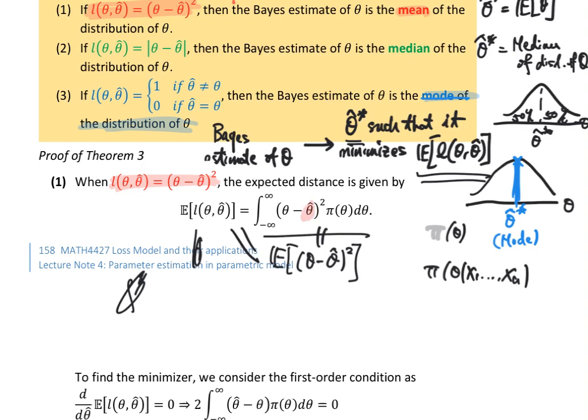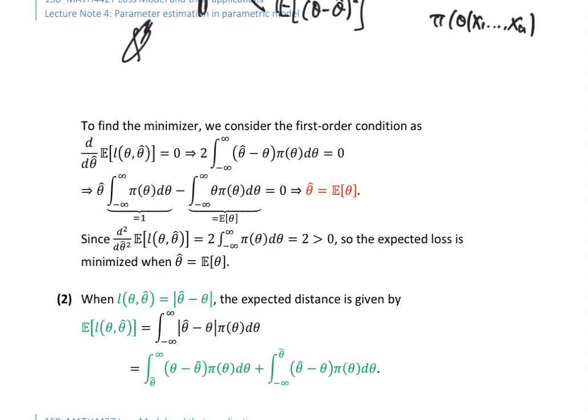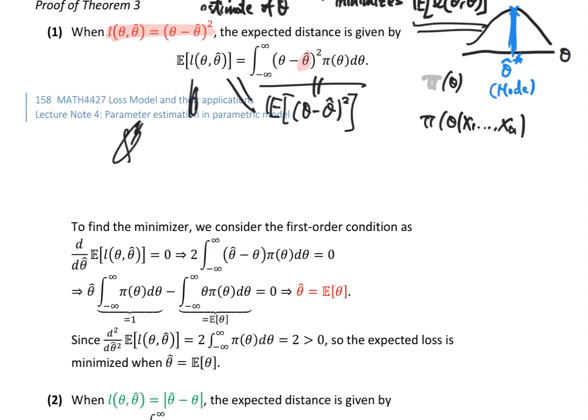So mathematically, how do we do that? You can use the first order condition. That is, you simply differentiate this expected value and set it equal to 0.